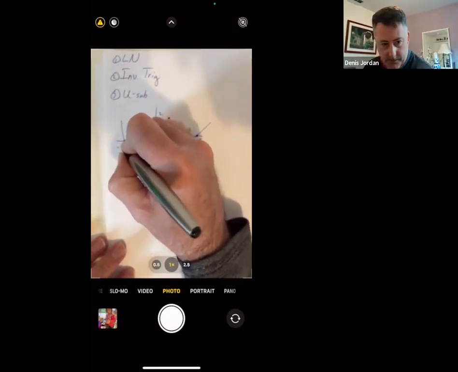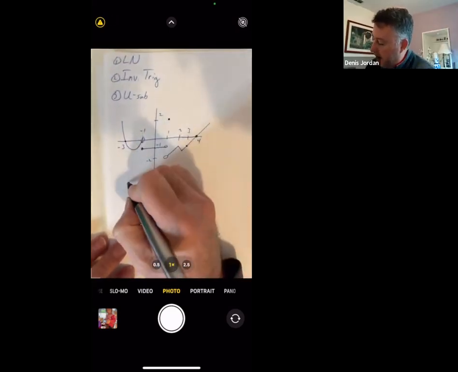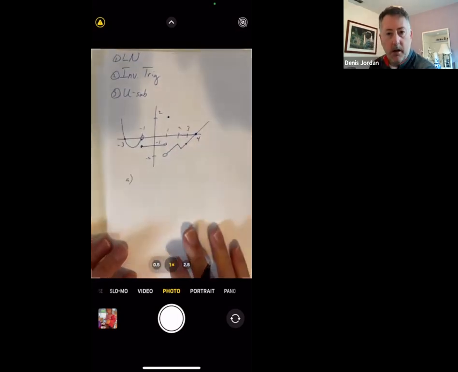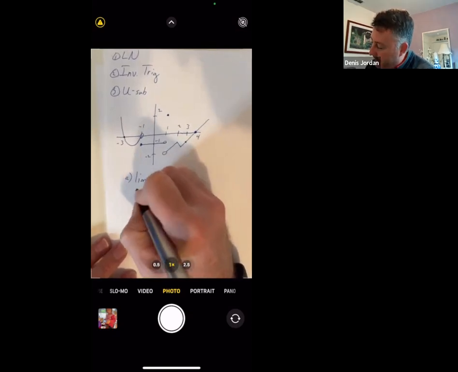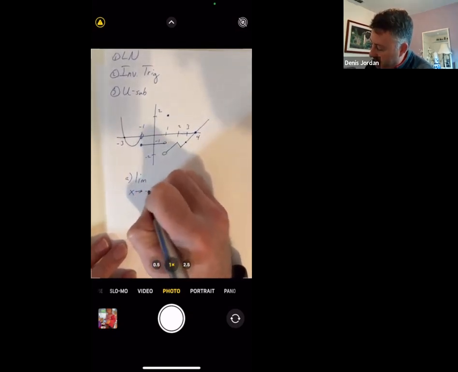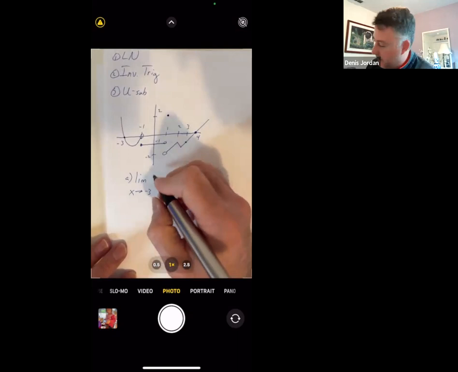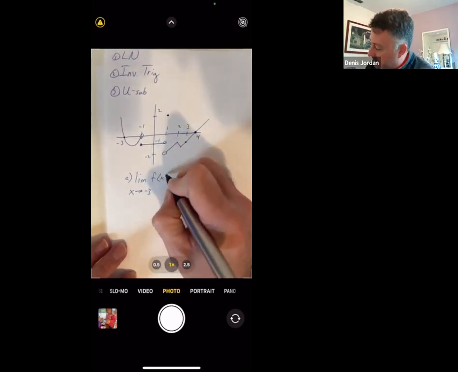This one is -3. Okay, so the first one, the limit as x approaches -3 of the function.